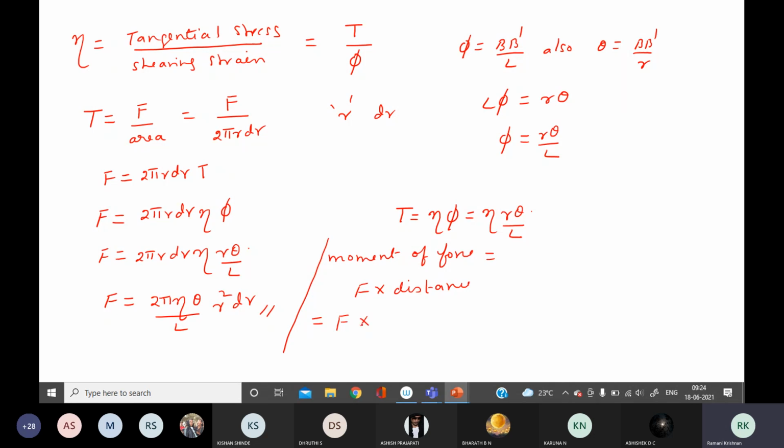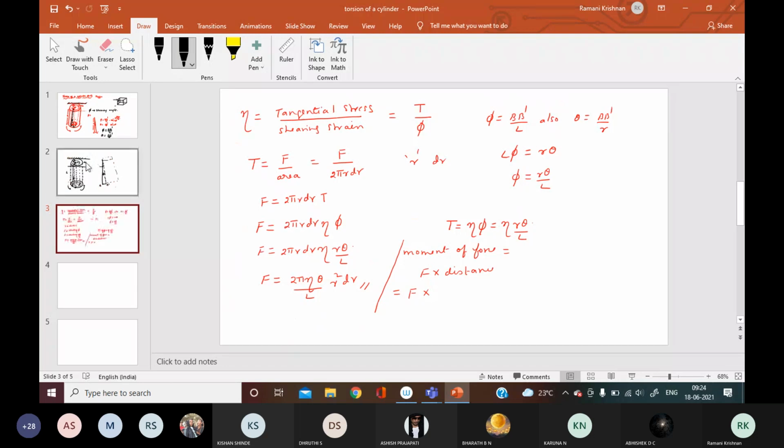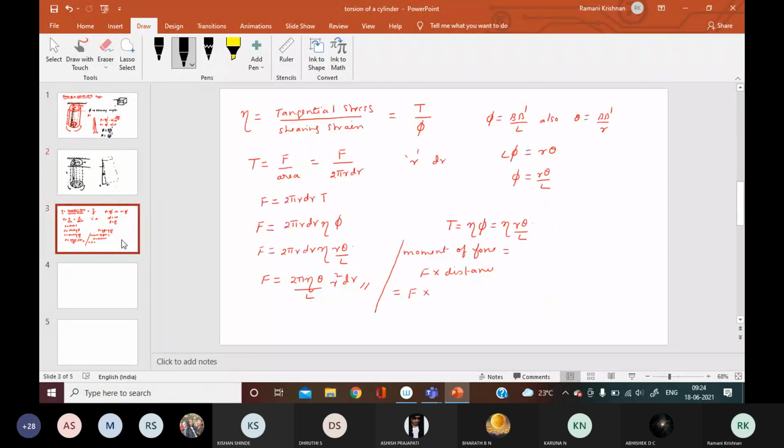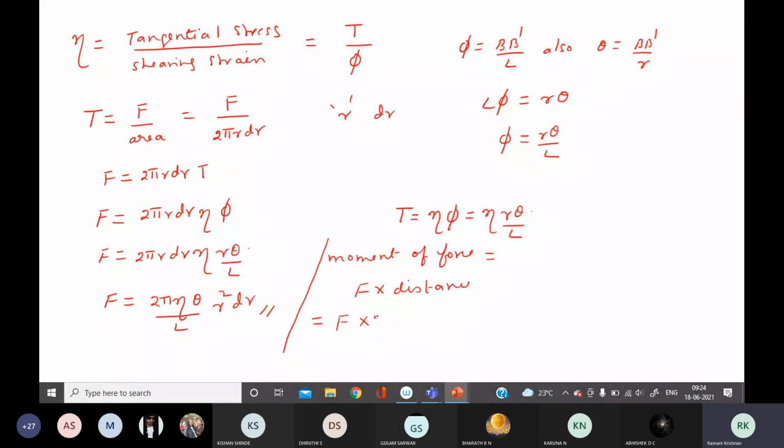What is the distance of that layer from the center of the axis? Small r. So this is the moment of force acting due to the layer.